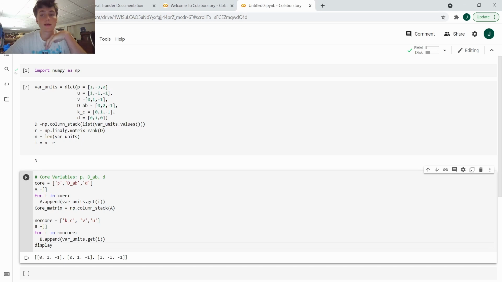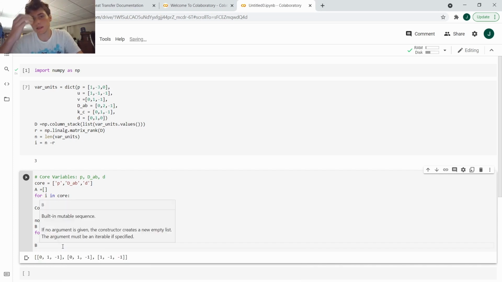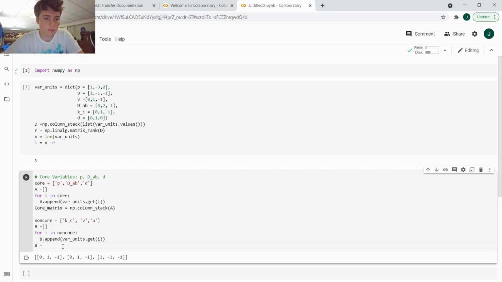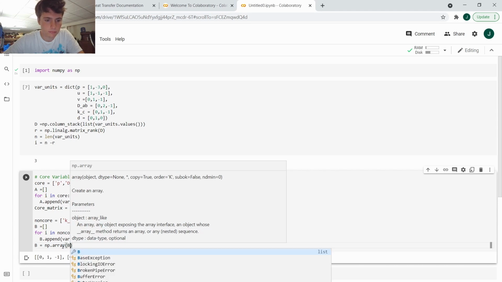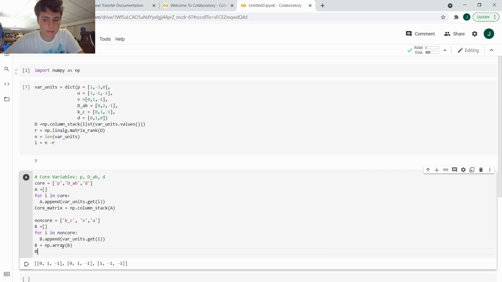That's what we wanted. But remember that on the right-hand side, it's actually the negative of the values for the non-core variables. So we want to multiply each of these vectors by -1. First we have to make it a NumPy array, and then we can say b equals -1 times b.